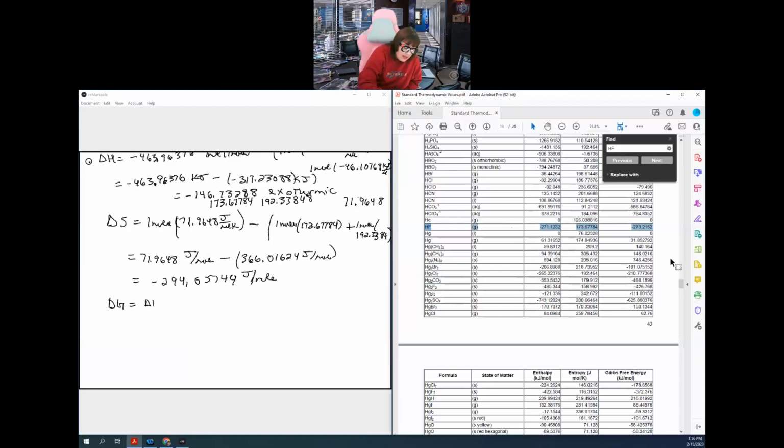Delta G equals delta H minus T delta S. And the delta H that I calculated is negative 146.73288, and that was kilojoules per mole.